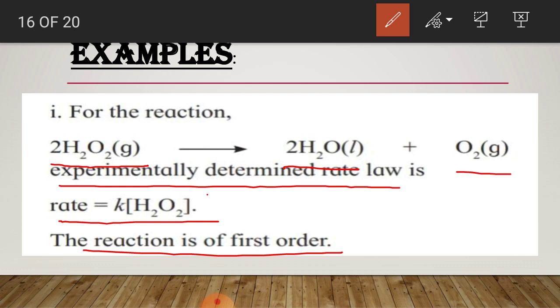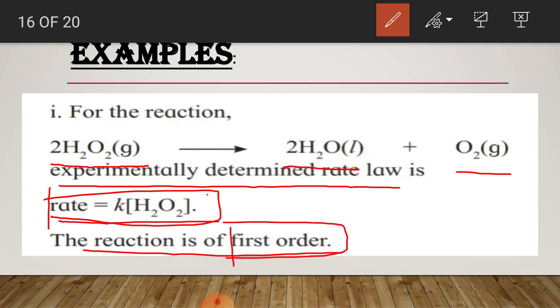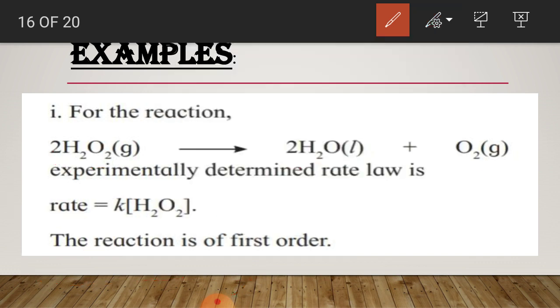For this reaction, this is the rate of the reaction, and the order of the reaction is first order. Fine, student? This is how we are going to find the order of the reaction.